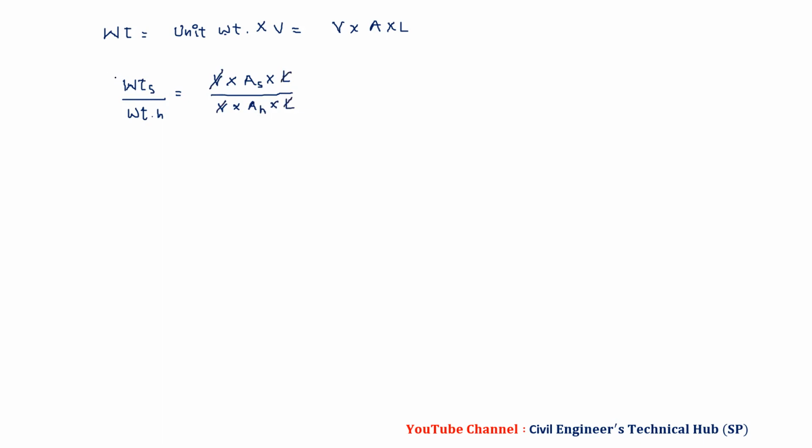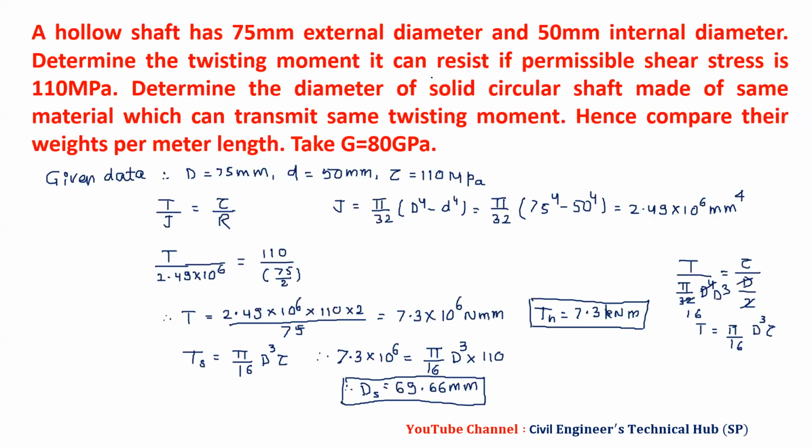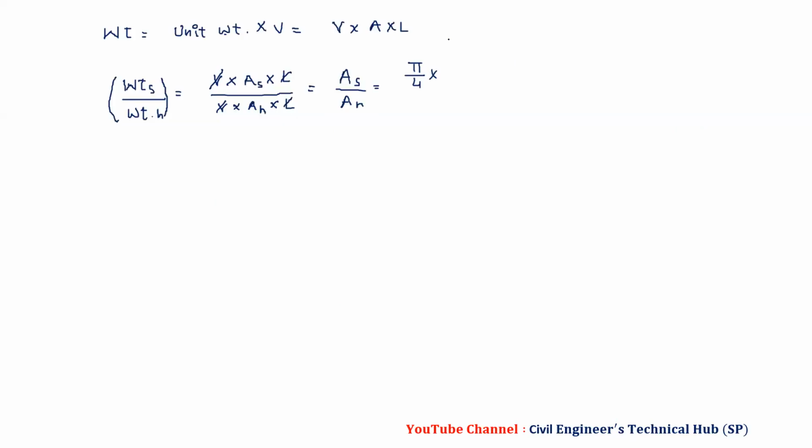Always keep in mind, weight of solid by weight of hollow is nothing but area of solid divided by area of hollow. Now the area of solid is pi by 4 into d square, and the value of d we got is 69.66 squared, and the area of hollow is pi by 4 with external diameter 75 and internal diameter 50.